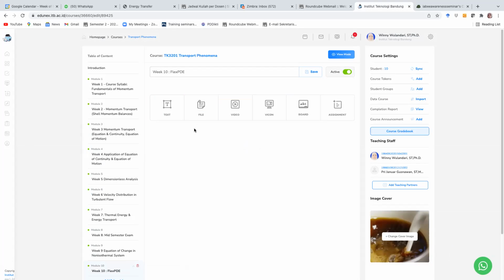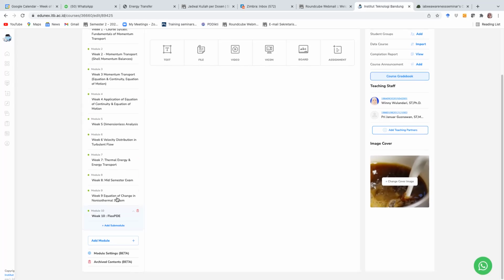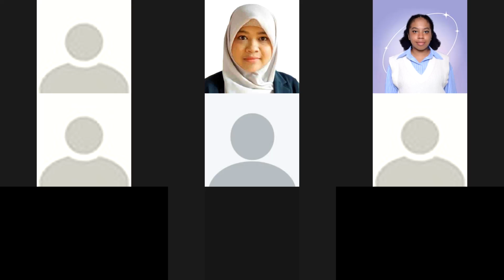So that's why Pak Anggit will explain the basics of Flex PDE and how you can apply that in the software to get some results about equation of change and so on. Okay, so there you go. We're now in week 9 here, so week 10 is Flex PDE. Okay, so let's have a look.